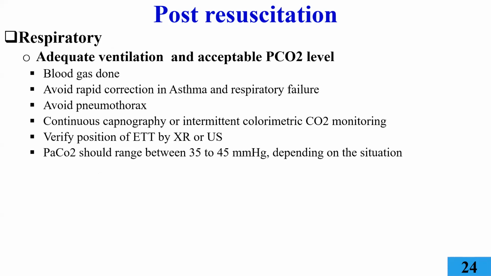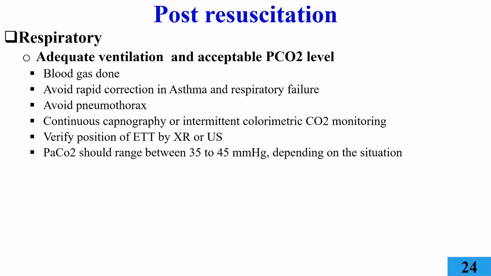We should always check the CO2 level, whether invasive or non-invasive, by blood gas or by monitor. Avoid rapid correction of CO2 in asthma and respiratory failure. Please, when you check, avoid pneumothorax. Continue checking CO2 by capnography or intermittent colorimeter. Always verify the position of the ETT by X-ray or ultrasound, and the doctor should sign where the tip of the ETT is.